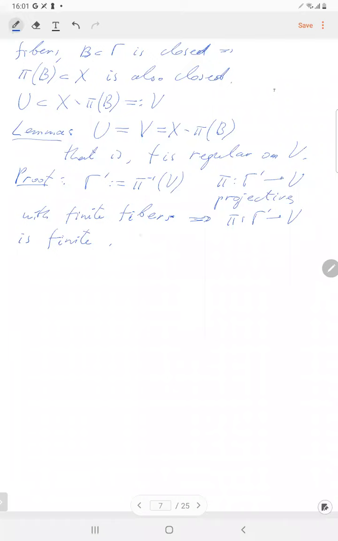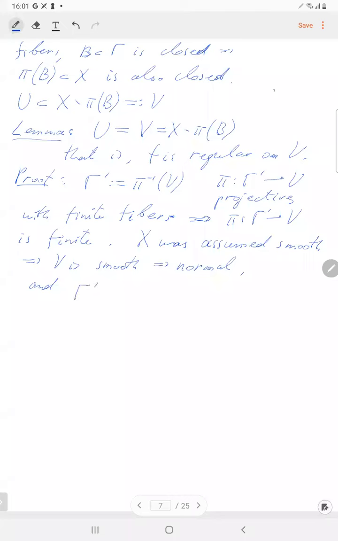But we know that X was assumed smooth. So V is smooth and hence normal. And, well, how to say it?